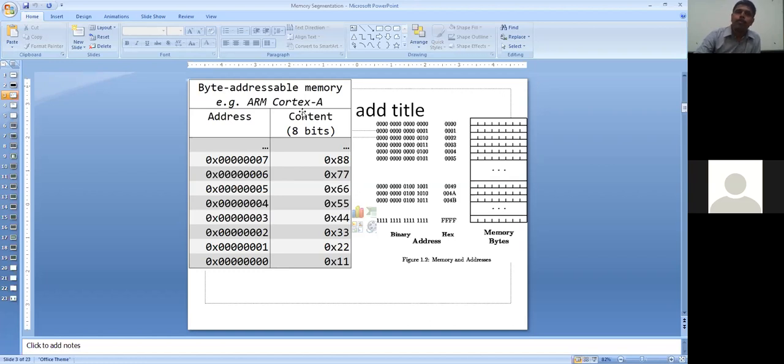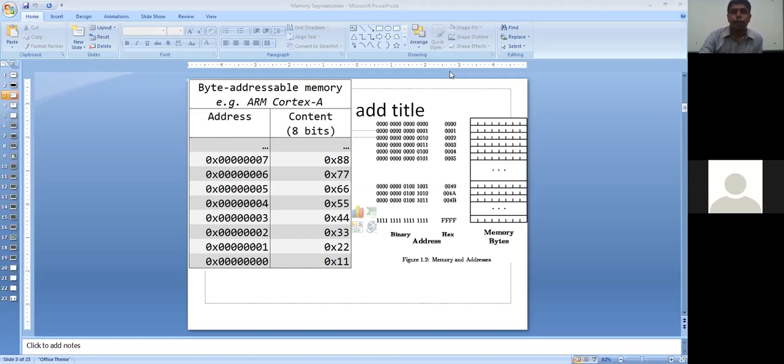Like that, if you want to store speech data, you may store it in terms of 8 bits or 16 bits or 24 bits or anything like that. That n number of bits is the data word length.